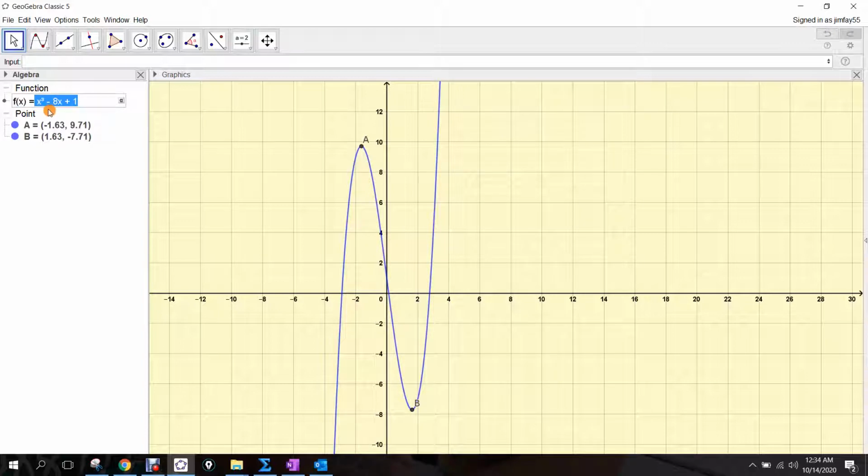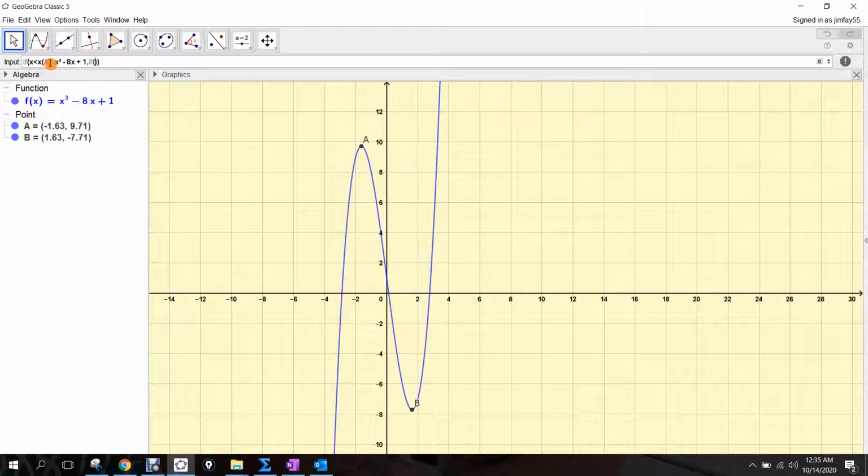is the transition from, if I said, if x is less than the x value of A, then graph this.